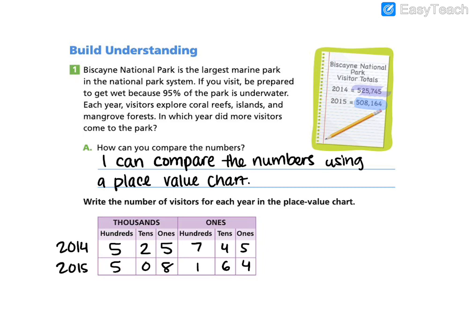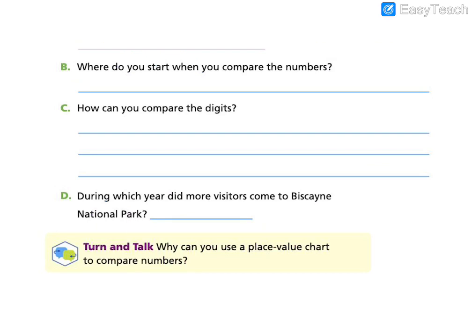So we want to start in our leftmost digit, because this is where the greatest value is. If we start in the ones place, even though a digit might be greater in the ones, 100,000 might be greater, which is a greater value than a digit in the ones place. So we need to start in the leftmost digit.